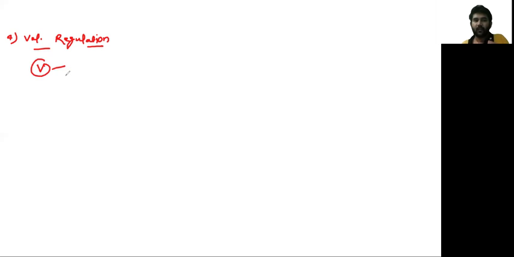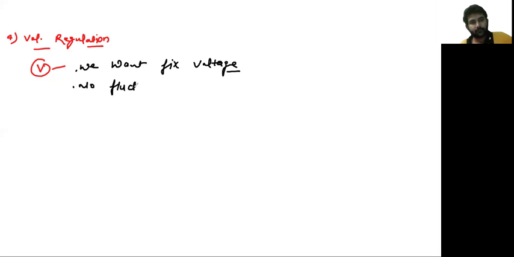We don't want any fluctuations in the voltage because it may hamper whatever device we are going to connect to that terminal. So we want fixed voltage, no fluctuations. This is the desired condition.